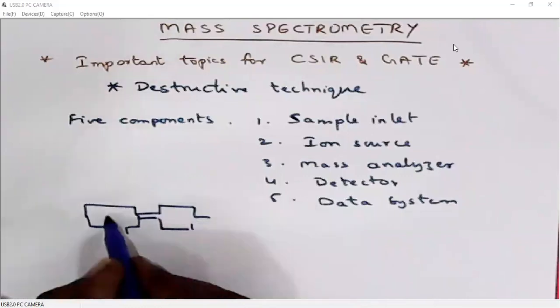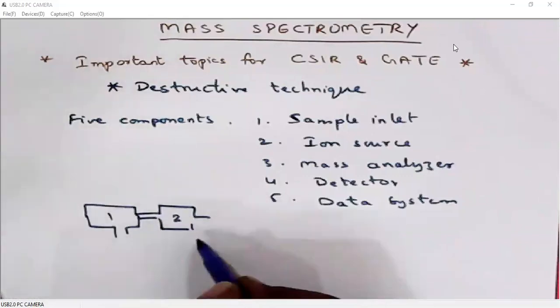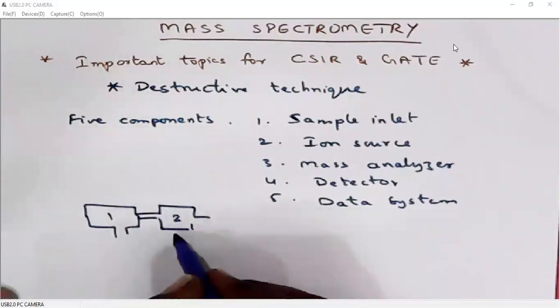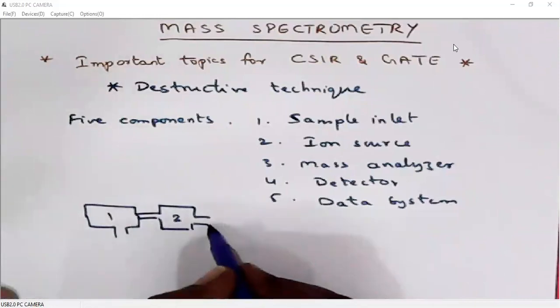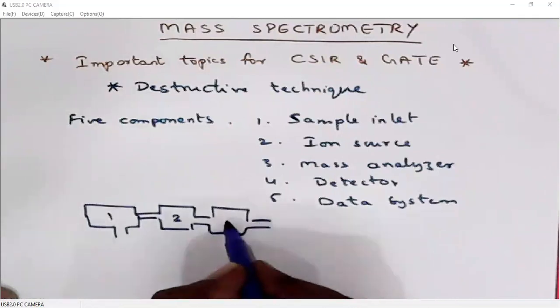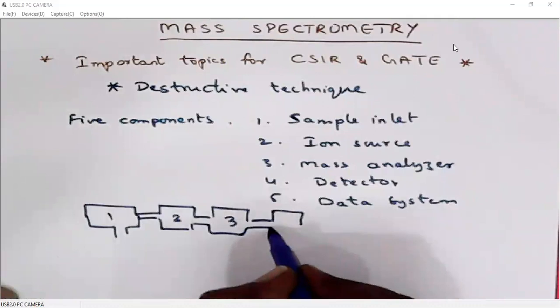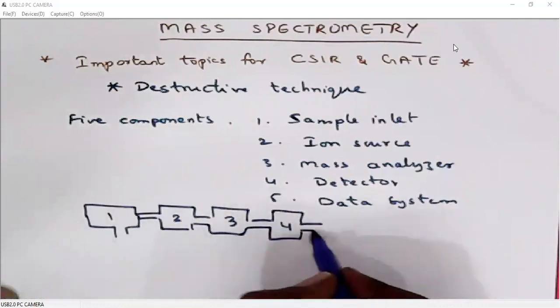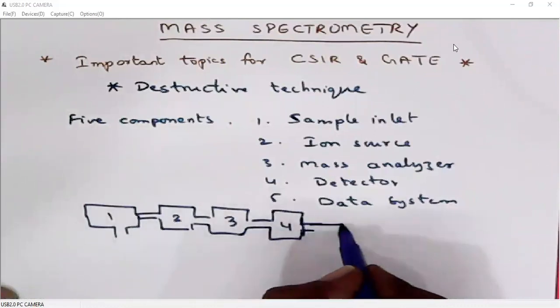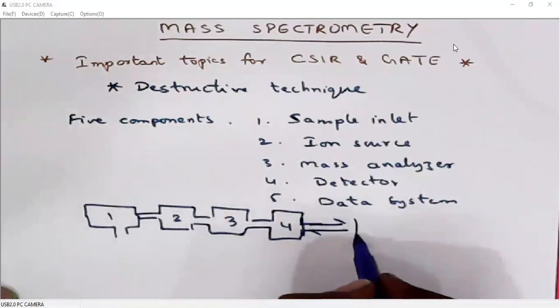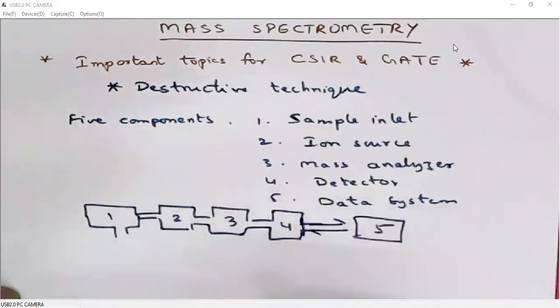For example, this is the first part, this is the second part, ion source. Then we will have the third part, mass analyzer. Then the fourth part, detector. It will end here. Then data will be transferred to the system.